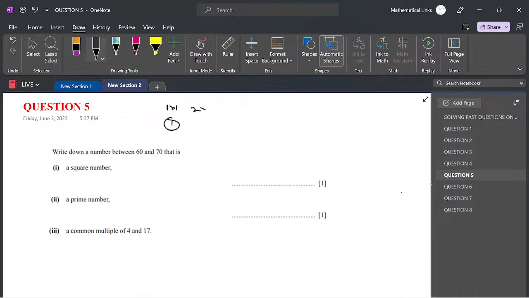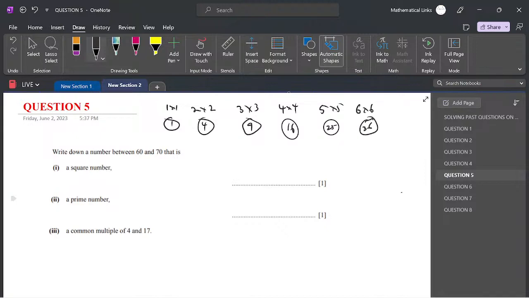You have 2 by 2, you have 4, 4 is a square number. 3 by 3, you have 9, 9 is a square number. 4 by 4, you have 16, 16 is a square number. 5 by 5, you have 25, 25 is a square number. You have 6 by 6, you have 36. 36 is a square number.